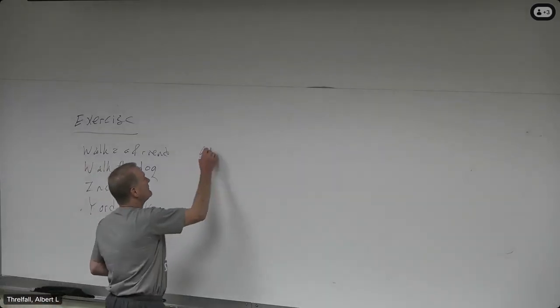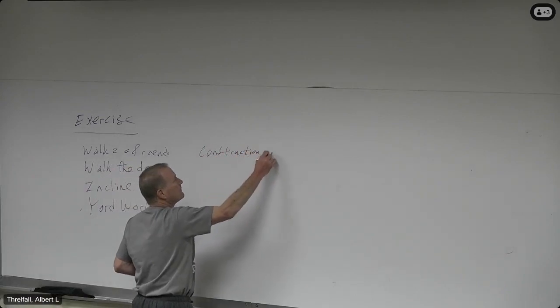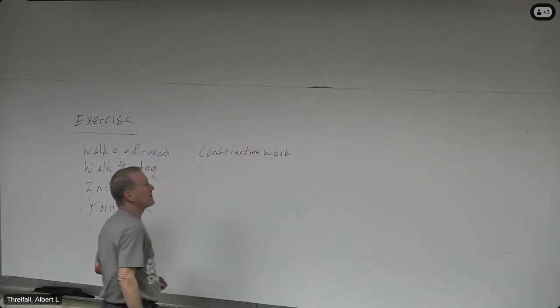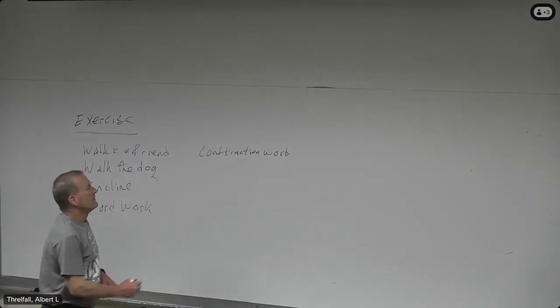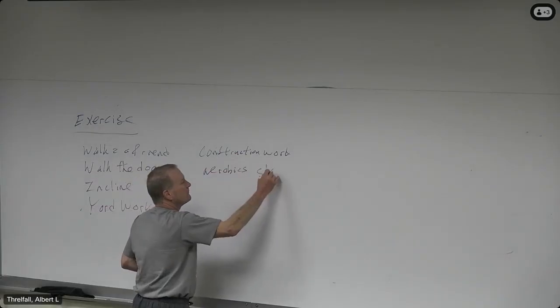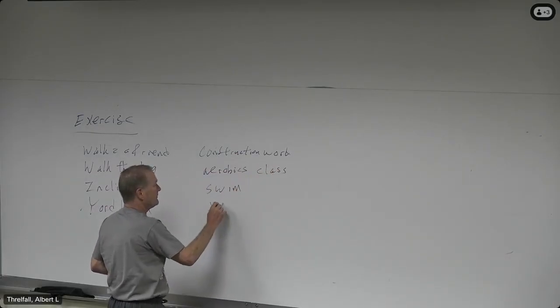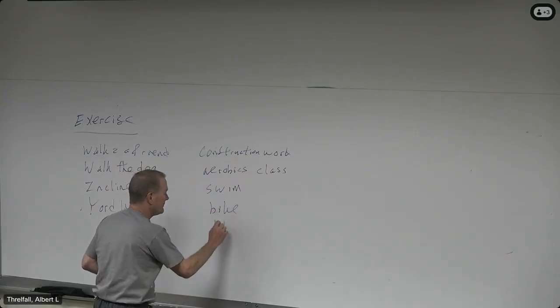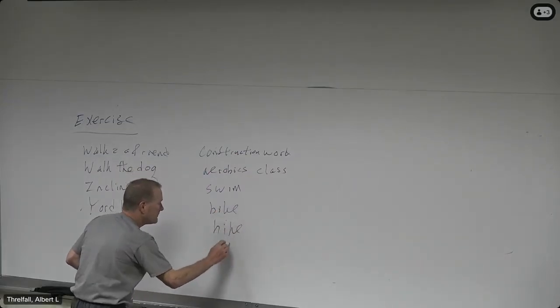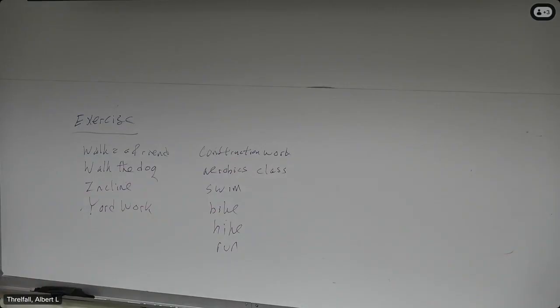Exercise may be a part of your life. You might take an aerobics class. You might swim, bike, hike, run. So it might be some structured thing that you do.